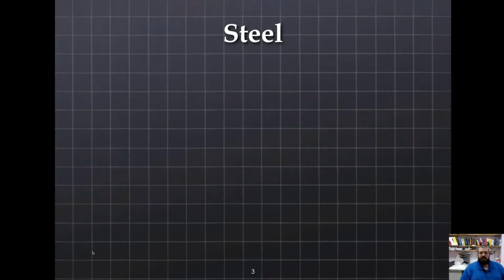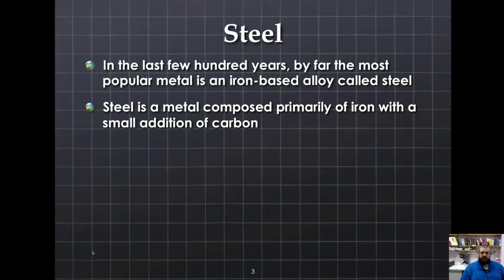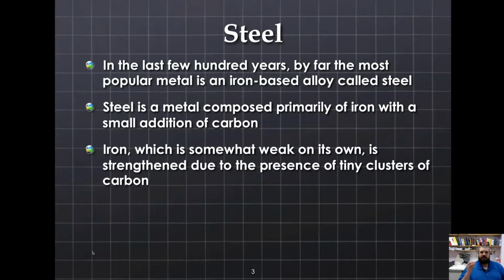One main type of metal that I want to discuss is steel. In the last couple hundred years, by far the most popular metal is an iron-based alloy called steel. Iron is the primary component in steel. However, there's a small addition of carbon in there in order to improve the properties. Raw iron by itself is somewhat weak, so it doesn't have the structural strength that steel does.